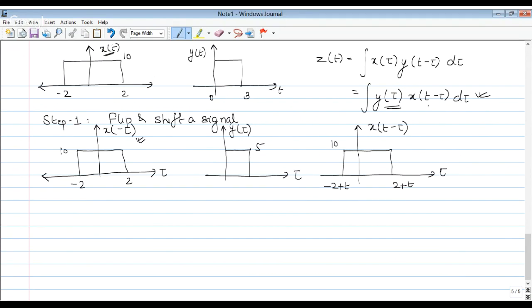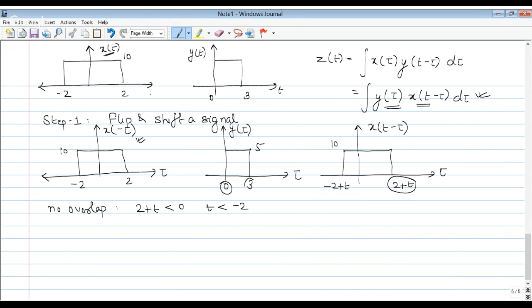It is the area of the product of the two functions. Take a product, and for it to be non-zero, there must be some overlap between the two signals. So first of all, I take the condition of no overlap. The rightmost point of this signal should be to the left of the leftmost point of the other, which is 0, so 2 plus t is less than 0, or we can say t is less than minus 2. So that is the condition for no overlap.